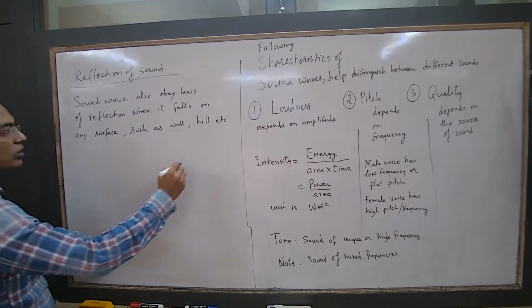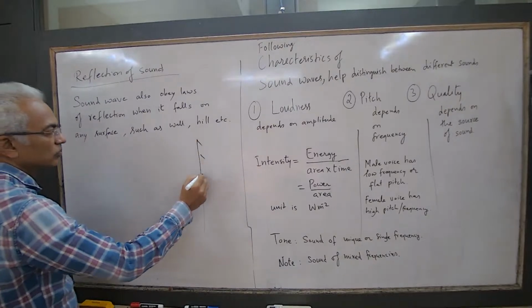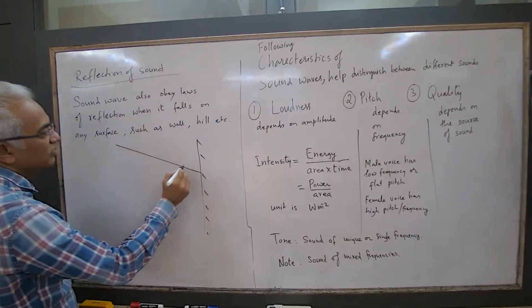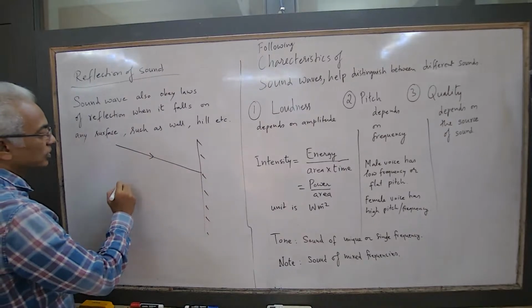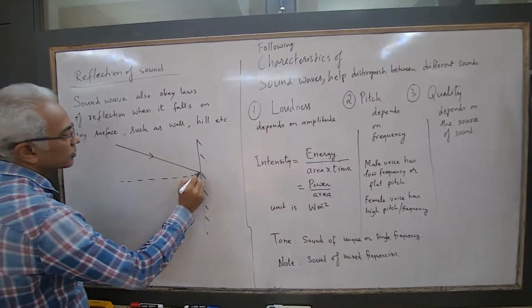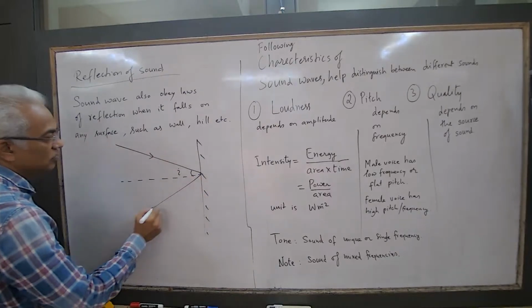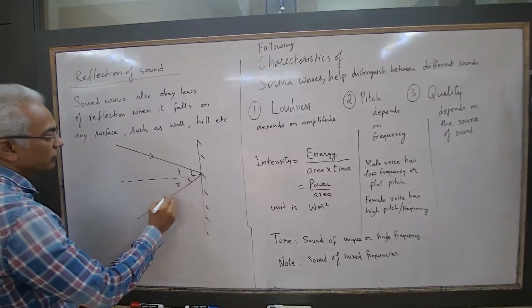So suppose this is the wall on which a sound wave is incident in this direction. This is the angle of incidence. So angle of reflection.